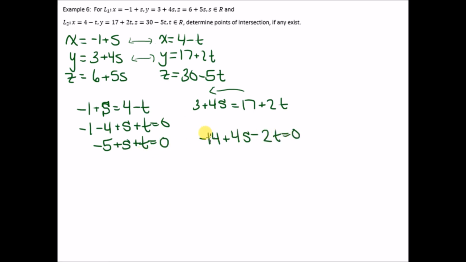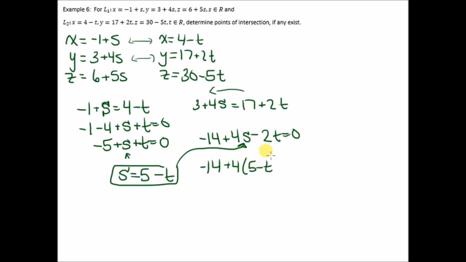Okay, it doesn't matter. So for this one, because the s's and the t's are not multiples of one another, I'm actually just going to use substitution. So I'm going to isolate s. I'm going to bring over the 5, so 5 minus t. I'm going to substitute that into this equation where the s is. -14 plus 4 times (5 minus t) minus 2t equals 0.